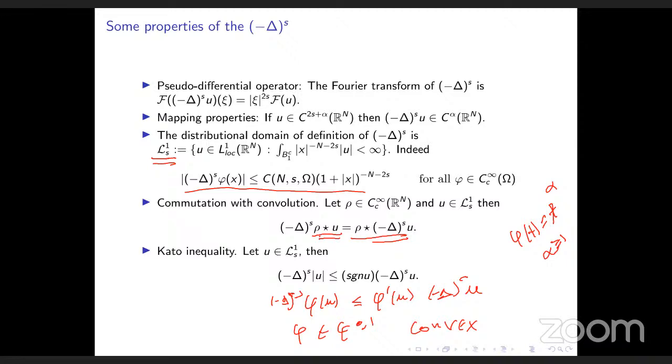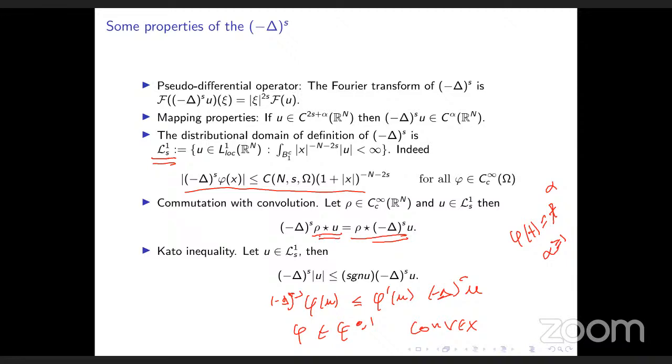These are in general the main ingredients that one needs: nonlinear Sobolev inequalities and this kind of Kato inequality.